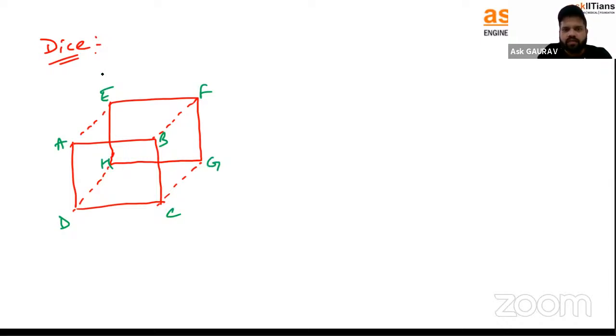A dice is a cube which has 8 vertices. It has edges: FG, EH, BF, AE, and more. Six faces are there, including your top and bottom.